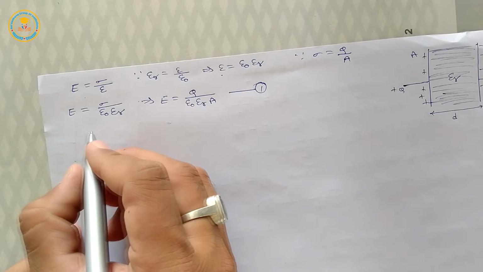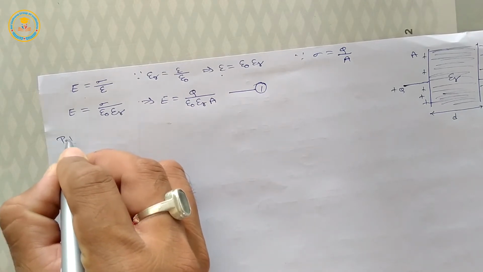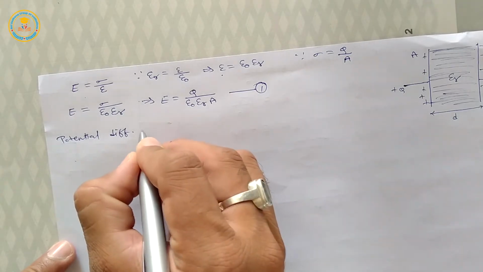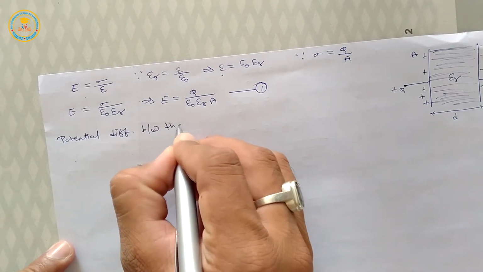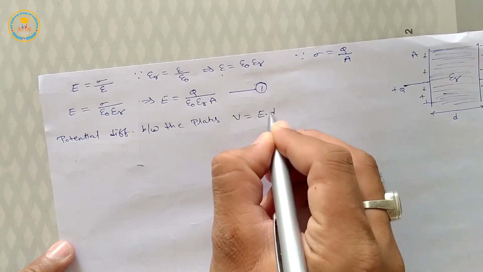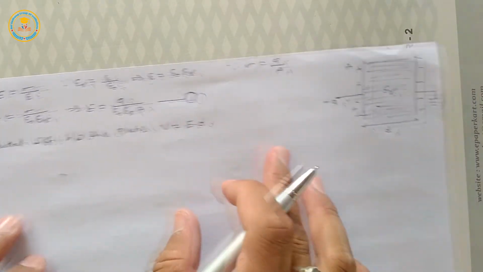Now we know that the potential difference between the plates V is equal to E into d.